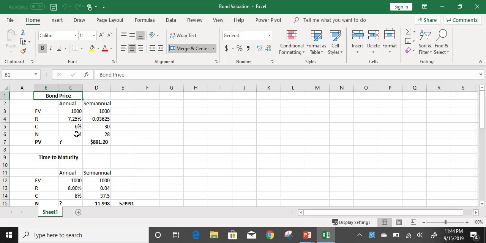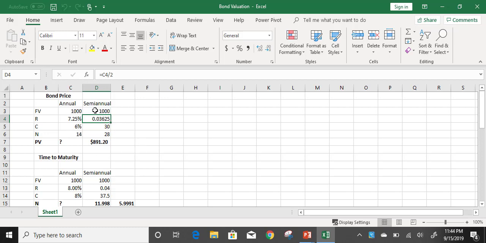The number of years to maturity of the bond is 14 years, but the payment is made semi-annually, so the number of payments is 14 multiplied by 2, which is 28. The interest rate has to be divided by 2 because it is a semi-annual bond, and the face value is the maturity amount, which remains $1,000.